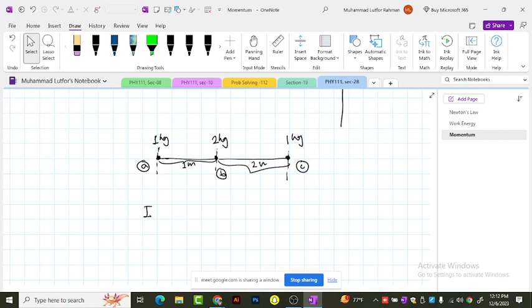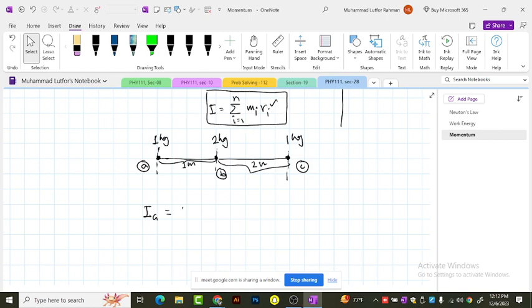I will calculate the moment of inertia through the point A. I will use this equation since it's a point mass: summation i from 1 to n, m_i r_i square, right? So this is the formula I am going to use.